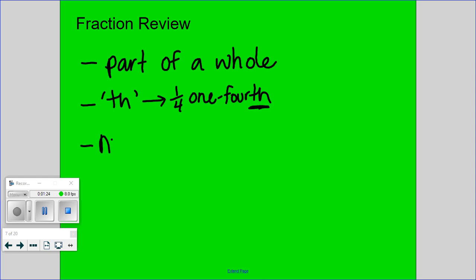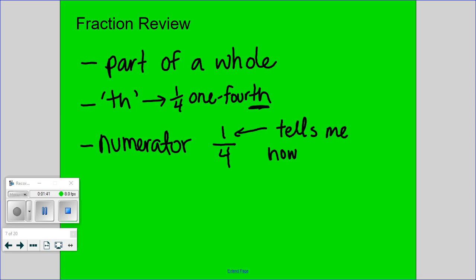We know that a numerator is the top number in our fraction. So in this case, 1 is the numerator. It tells me how many pieces I have.